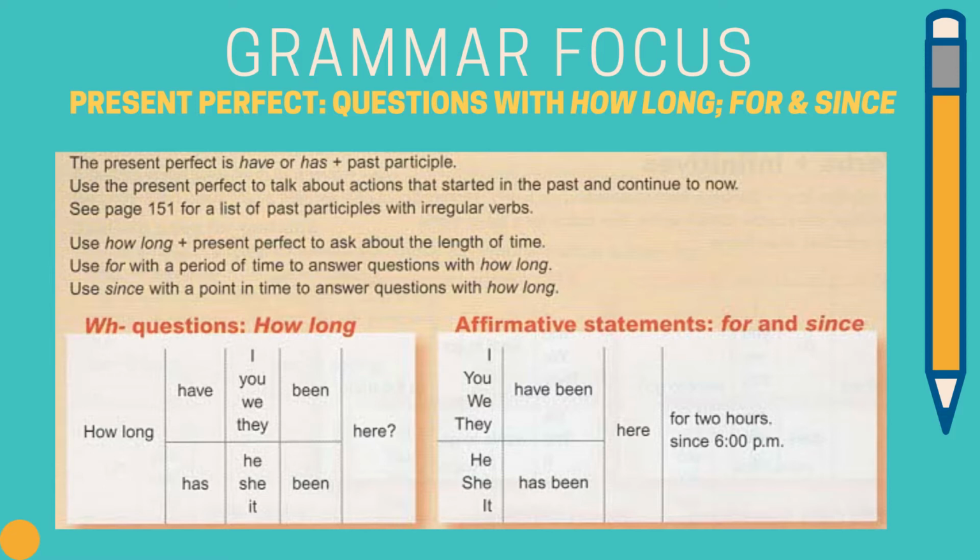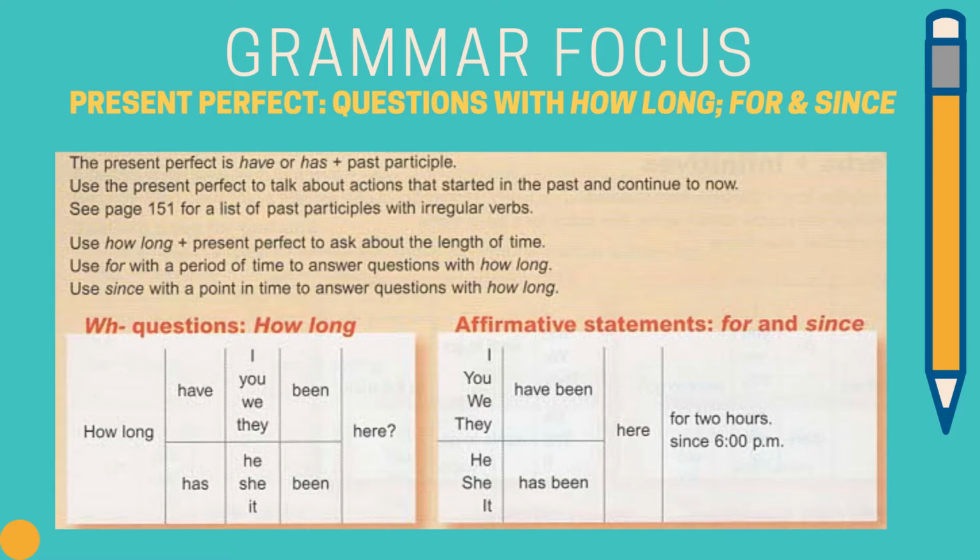We use this present perfect to talk about actions that started in the past and they continue to now. Now here's a good distinction.